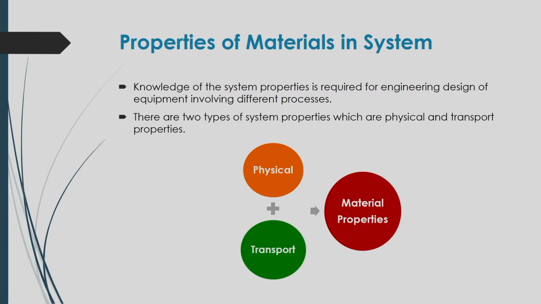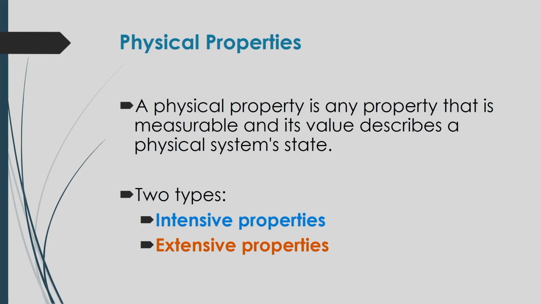And there are two types of system properties, which are physical and transport properties. Some properties will be physical, that is, measurable, and their value describes a physical system state.